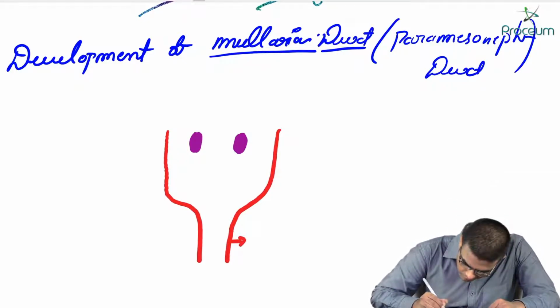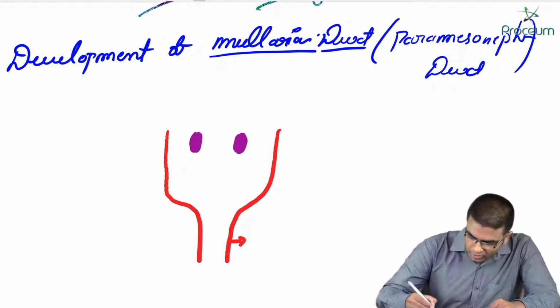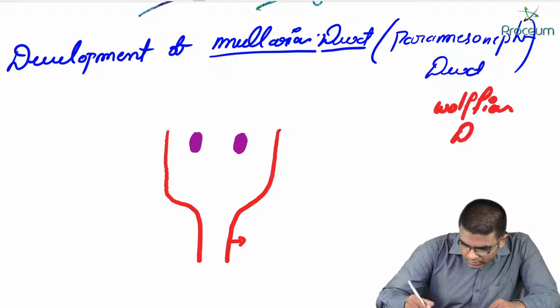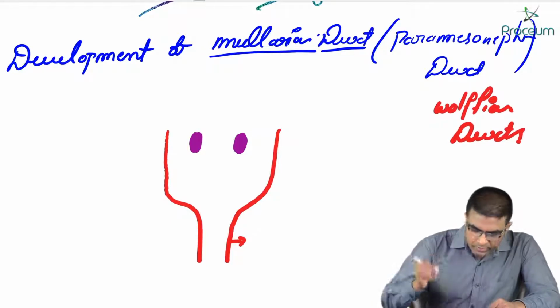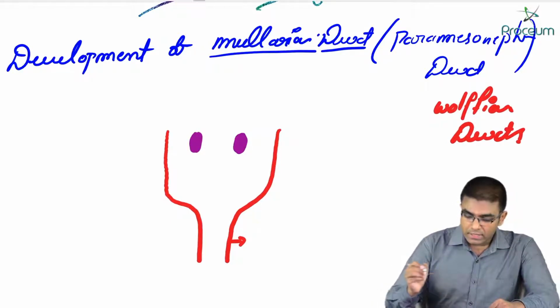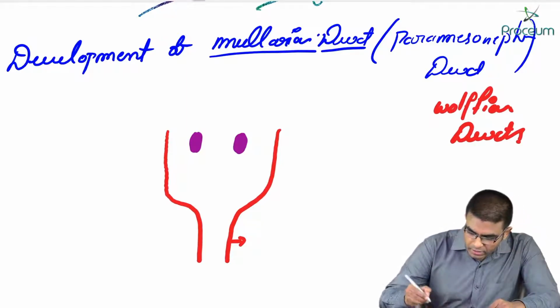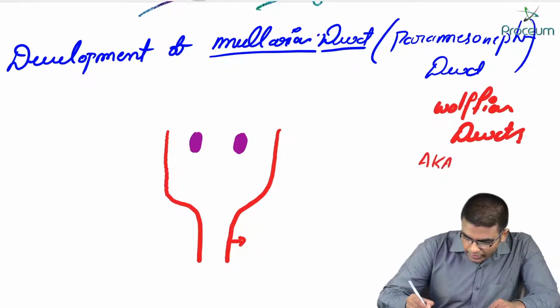These, which I am highlighting in orange, are the Wolffian ducts. An important point is that Wolffian ducts are also known as mesonephric ducts.